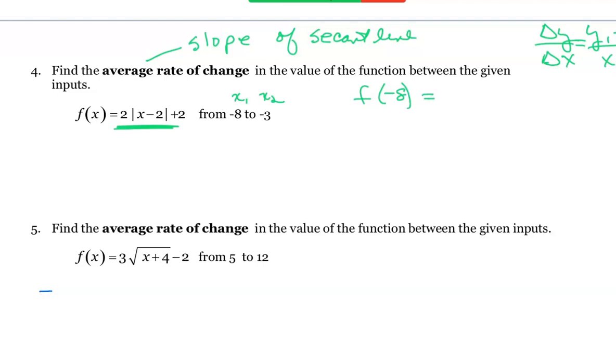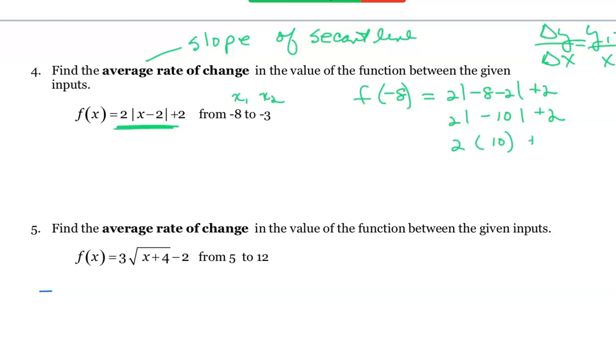Okay, so I'm going to plug in a -8. So that's 2 times the absolute value of -8 minus 2, plus 2. Okay, do the work in between the absolute value symbols. That's -8 minus 2 gives me -10, plus 2. Okay, take the absolute value. That -10 becomes 10.